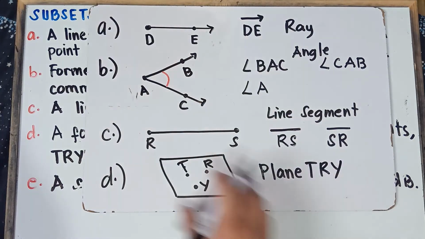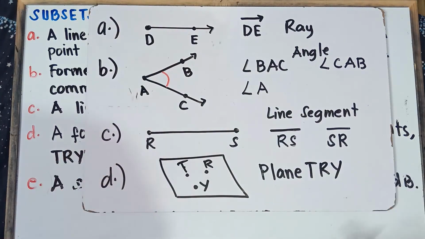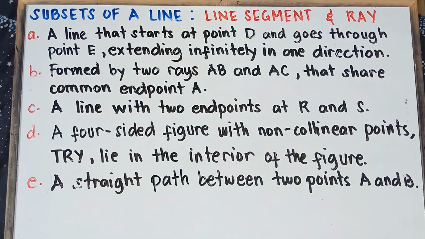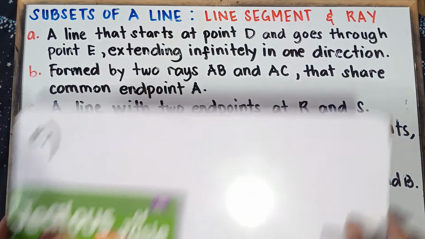So let me just erase this one, class. We answer letter E, we don't have enough space. Alright, and then letter E, a straight path between 2 points A and B. So therefore, this will be line segment between 2 points.